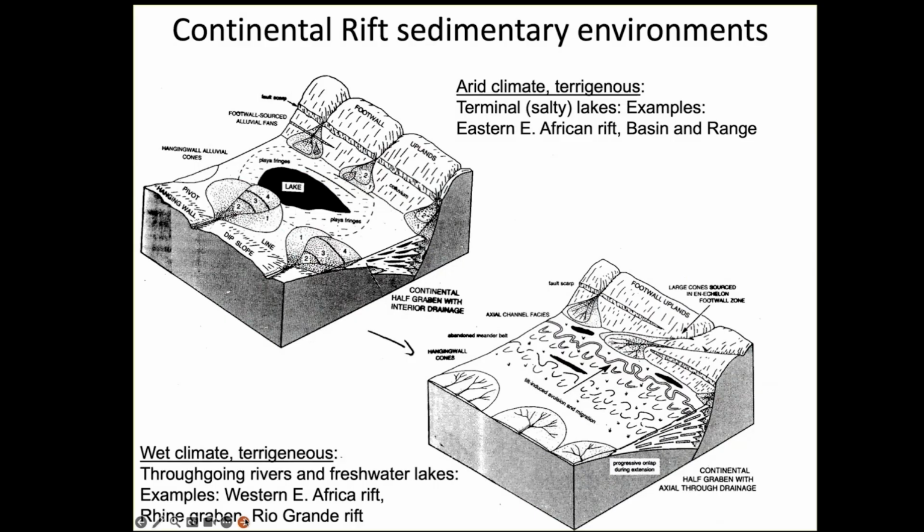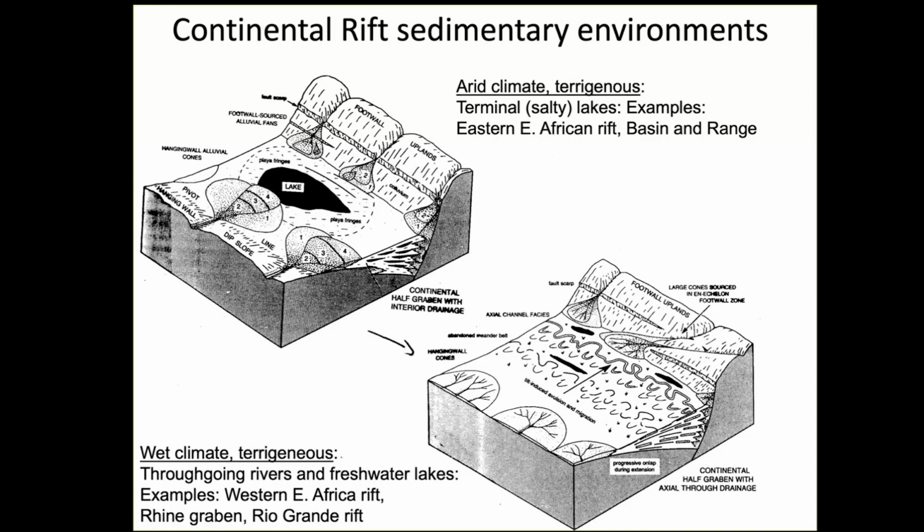So there's going to be a wide range of sedimentary environments in these thick accumulations of sediments. At the beginning, you might see something like this. So this is a continental rift where there's no through-going river, as opposed to this one, right? So this could be something like the Basin and Range, where there's lots of these playa lakes, ephemeral lakes, or even salt lakes.